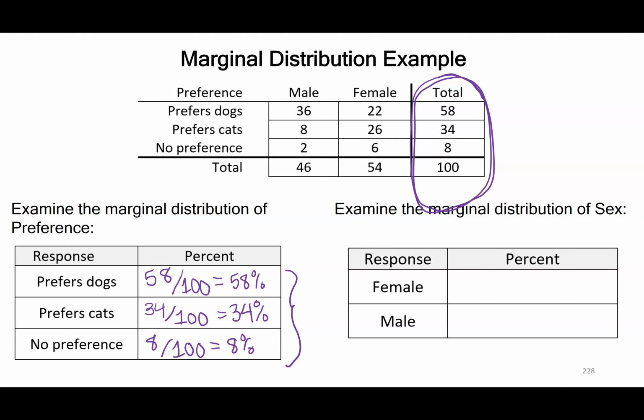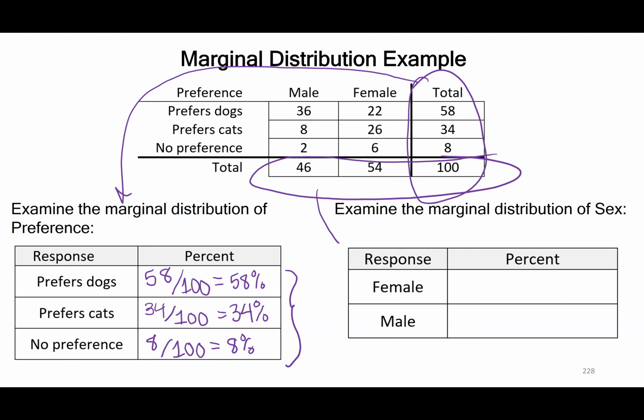So now, if I want to find the marginal distribution of sex, I'm pretty much going to focus right here. So, watch, these got flip-flopped. I think I went in alphabetical order one of these times.